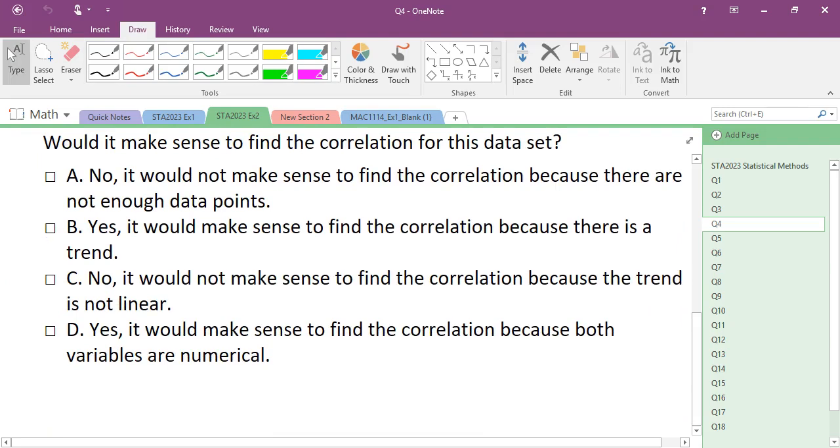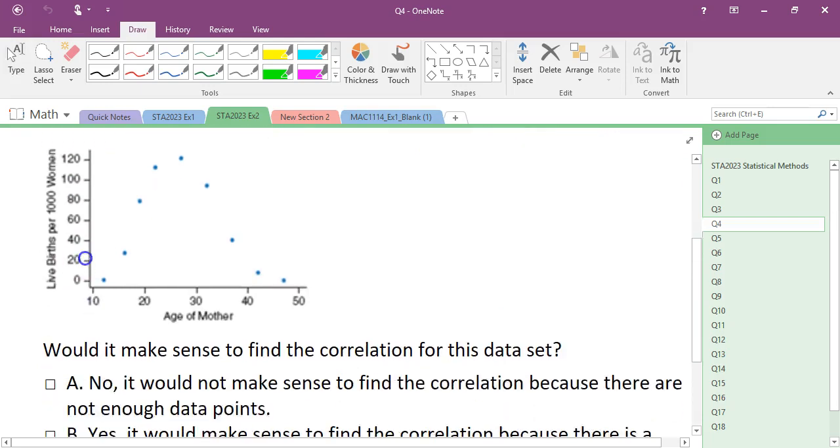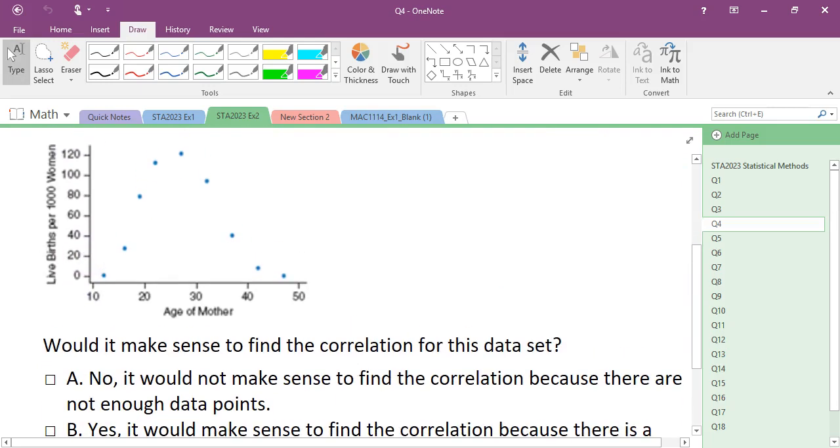So A says, no, it wouldn't make sense to find the correlation because there's not enough data points. Yes, it would make sense to find the correlation because there is a trend. No, it would not make sense to find the correlation between the trend because the trend is not linear. Yes, it would make sense to find the correlation because both variables are numerical. So there's our scatter plot.